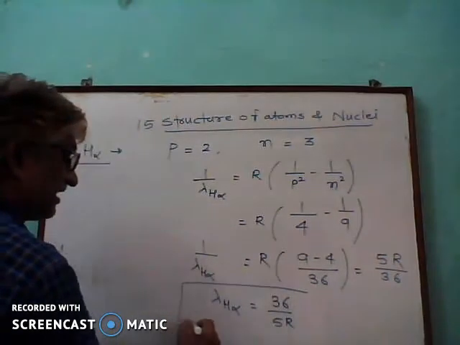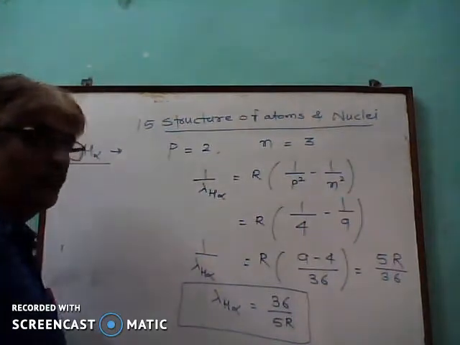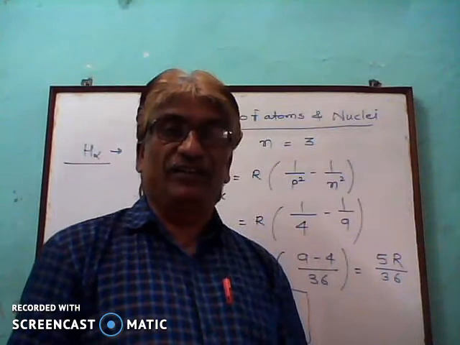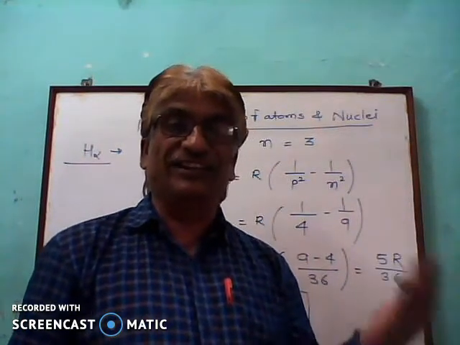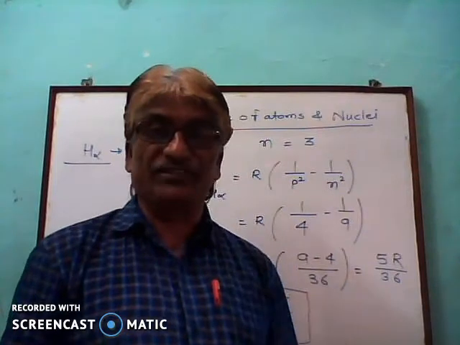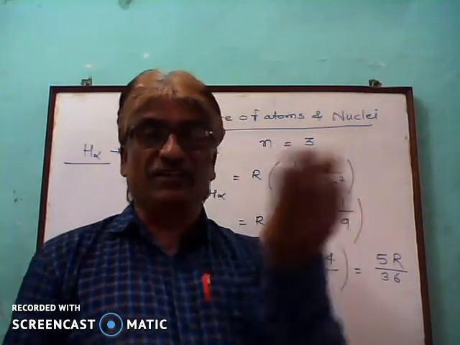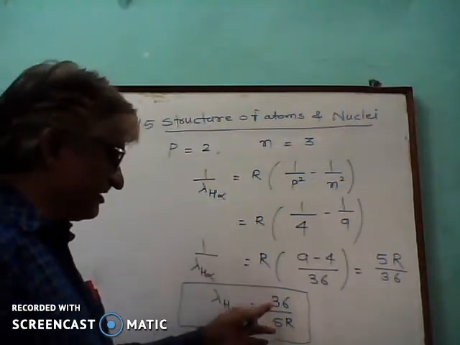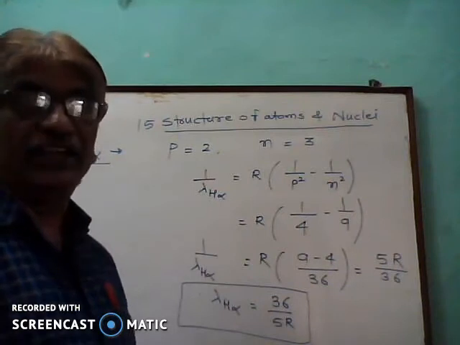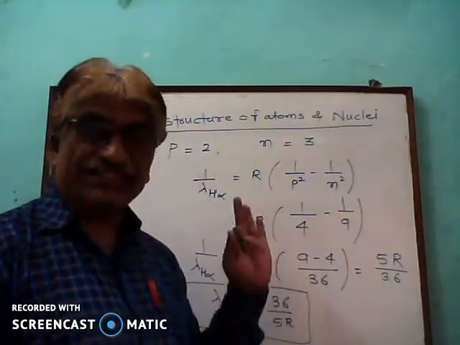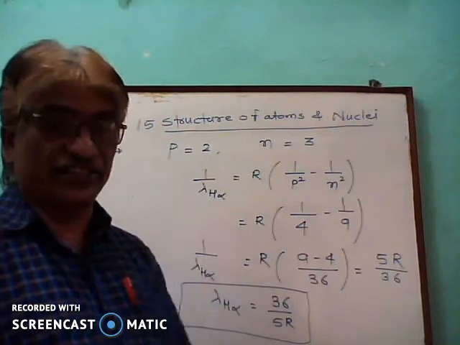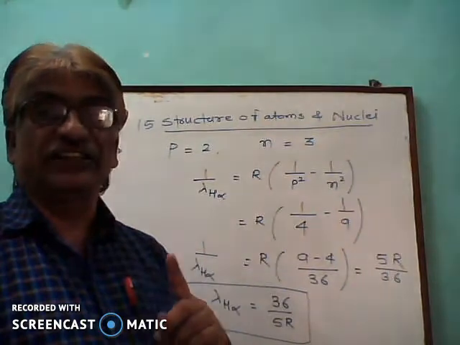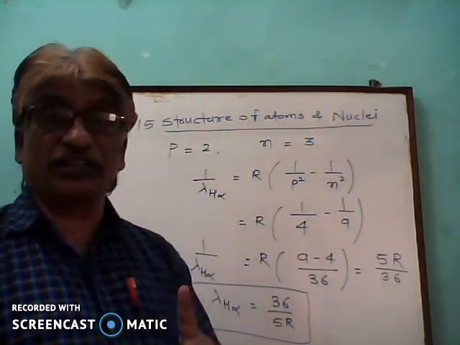If the question asks what is the wavelength of the H alpha line, and many options are given, like 3R upon 4, 5R upon 16, 6R upon something, 7R upon something, then we remember that 36 upon 5R will be the wavelength of the first line in the Balmer series, which is called the longest wavelength.